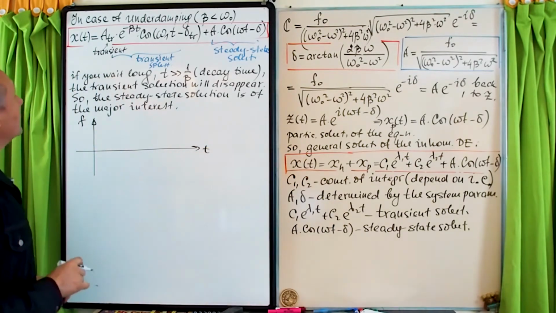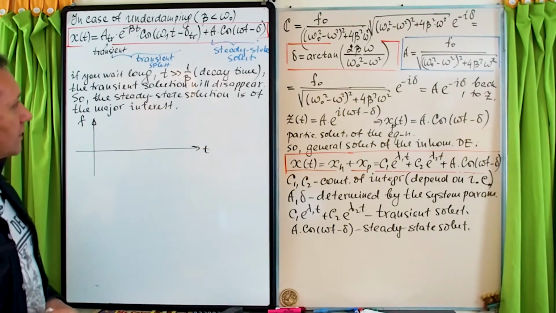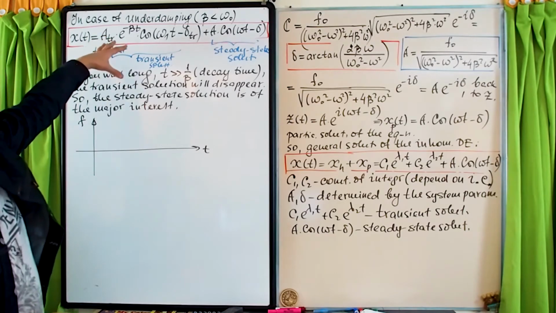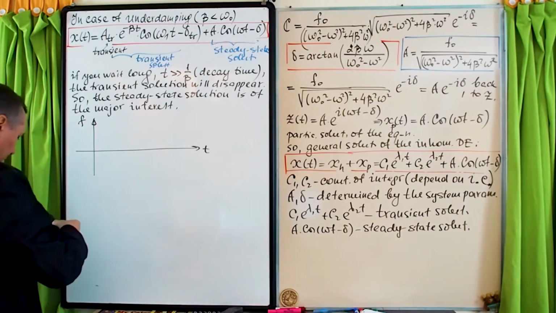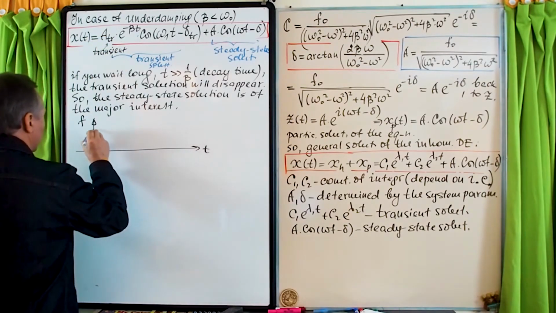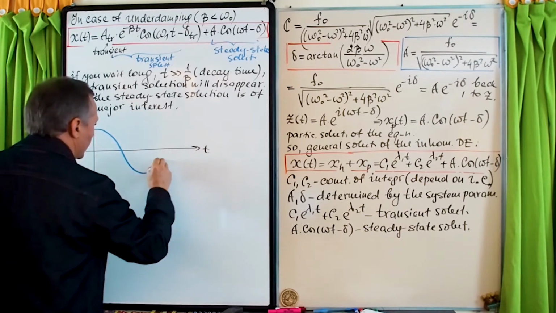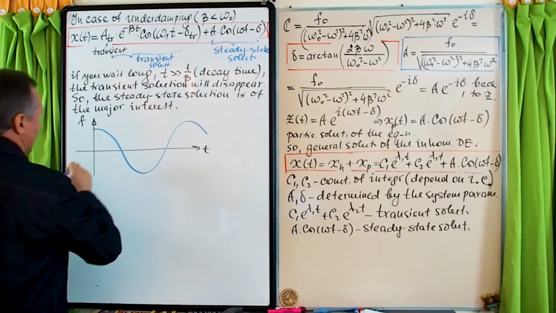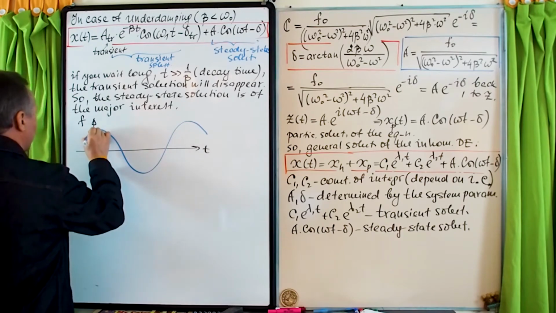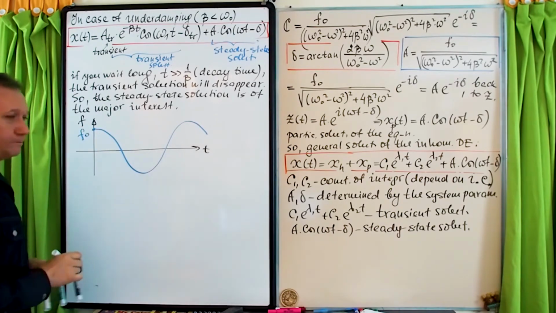And in our case, the force is a cosine function. I erased that, but it was here. So let me plot the cosine function. Something like this. So this is F naught.